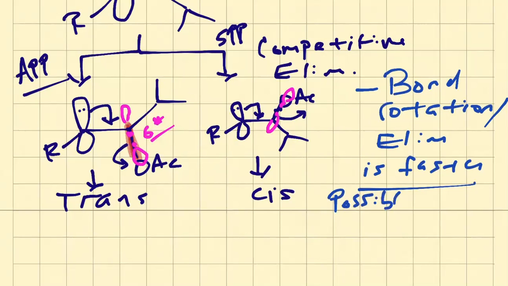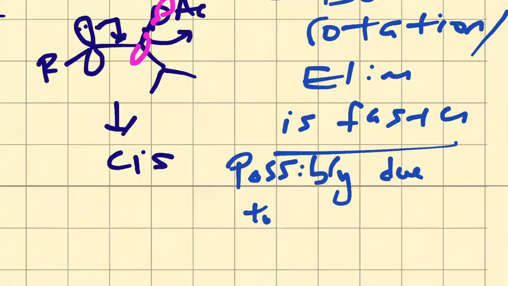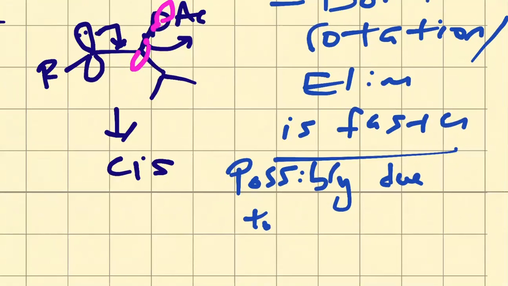And I'm gonna put down here possibly due to orbital overlap. If I can write, come on, pen. I don't know if it's my hand or the pen. So I'm just gonna say p sigma star overlap.